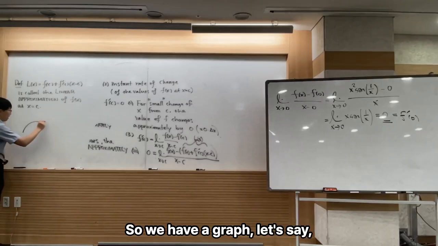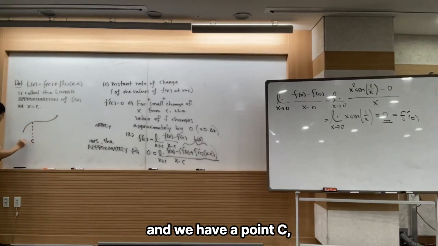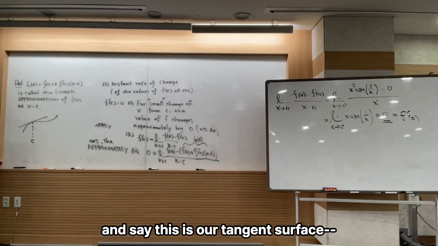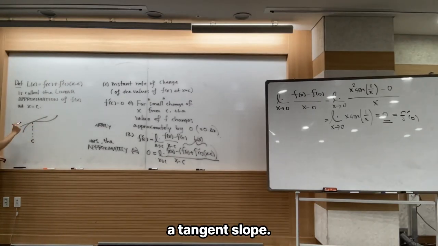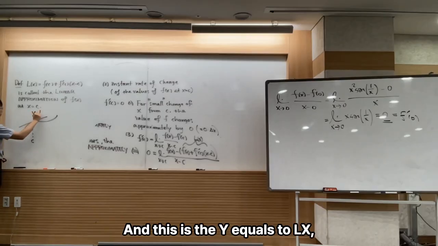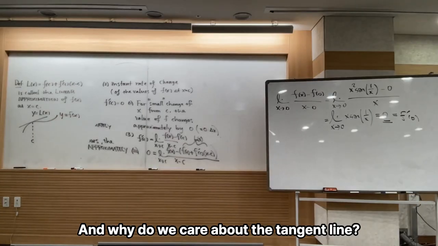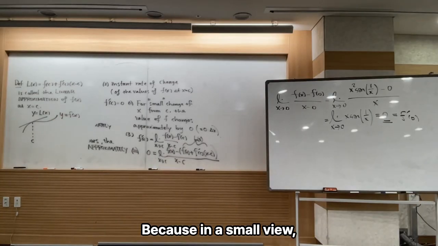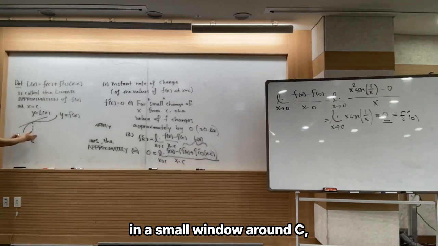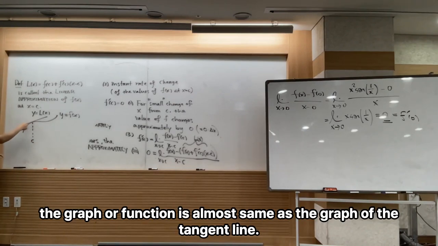We have a graph, and a point c, and this is our tangent slope. This is y equals L of x, and this is y equals f of x. Why do we care about the tangent line? Because in a small window around c, the graph of the function is almost the same as the graph of the tangent line.